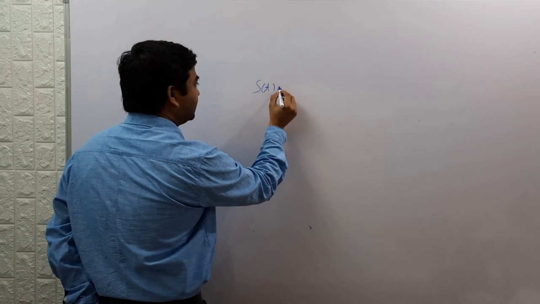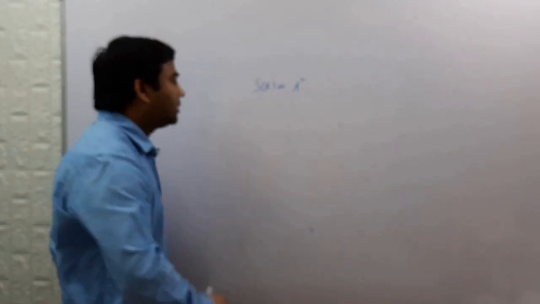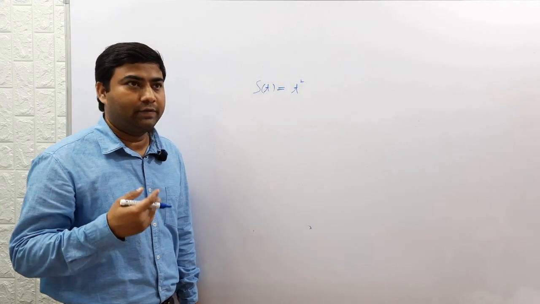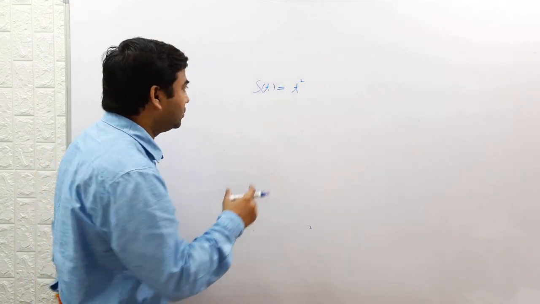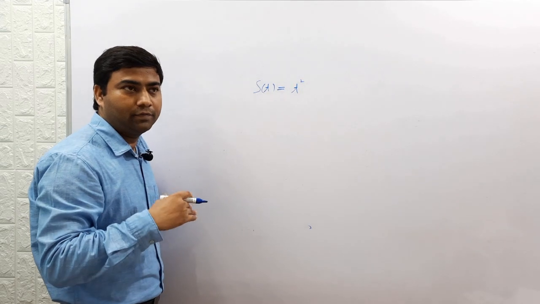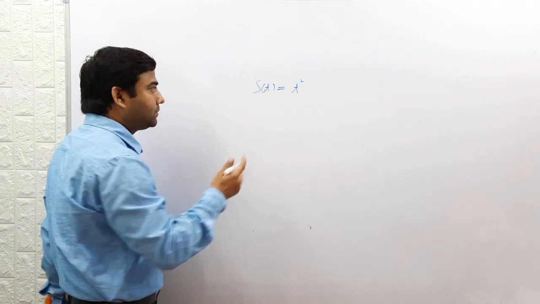There, displacement was a function of time, t square. So let us find a general value of instantaneous velocity.